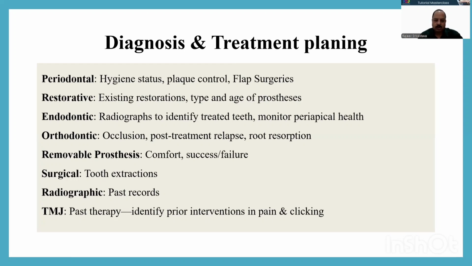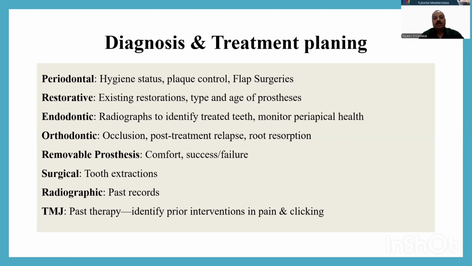So these things have to be evaluated first before proceeding to the fixed partial denture. If any space is less, it has to be corrected by orthodontic treatment, and then only can we proceed with the fixed partial denture, so that when you give your FPD, it will look aesthetically pleasant to the patient.